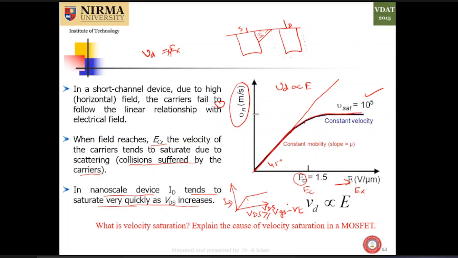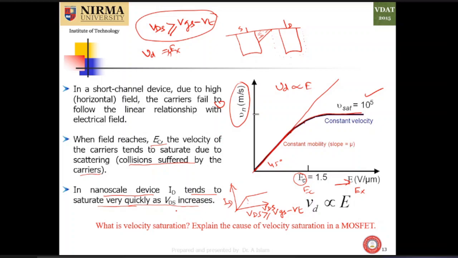And we know that pinch off occurs when VDS is greater than or equal to VGS minus VT. This is applicable for the long channel MOSFET. But in a short channel MOSFET, before this condition happens, saturation may occur in the current because of the saturation of the drift velocity.